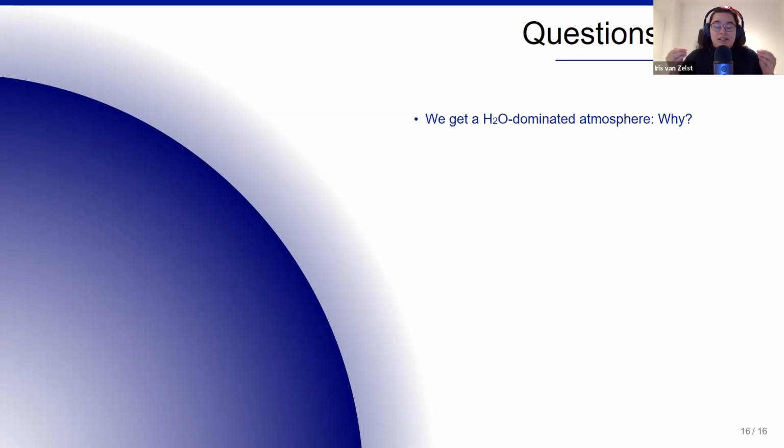Everything we've done in this code is taken from different parts of different studies, so we are unclear as to why this is the case, and any insights would be highly appreciated. I know there are some people in the room who probably know this much better than I do. The next thing is that we have very limited carbon dioxide outgassing, which again raises the question, why is this?